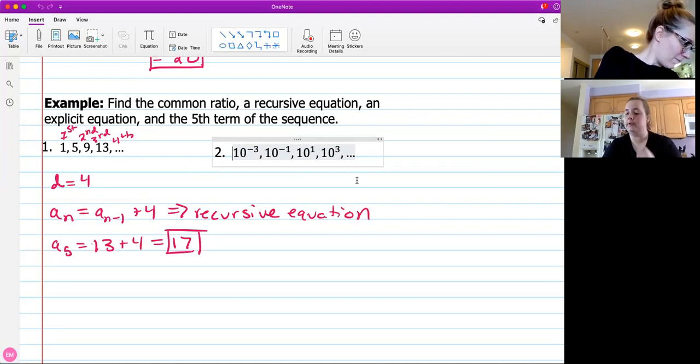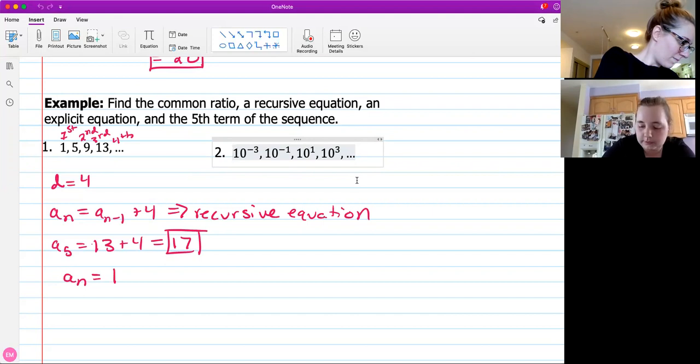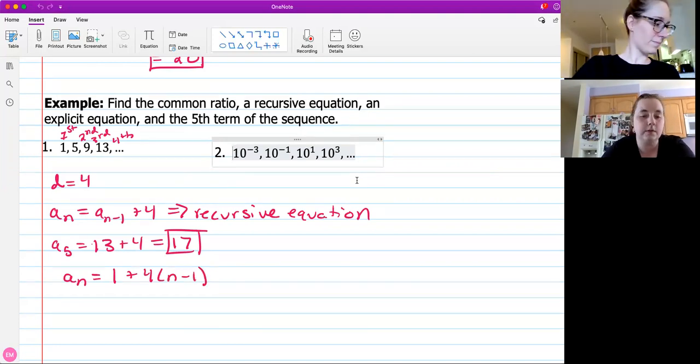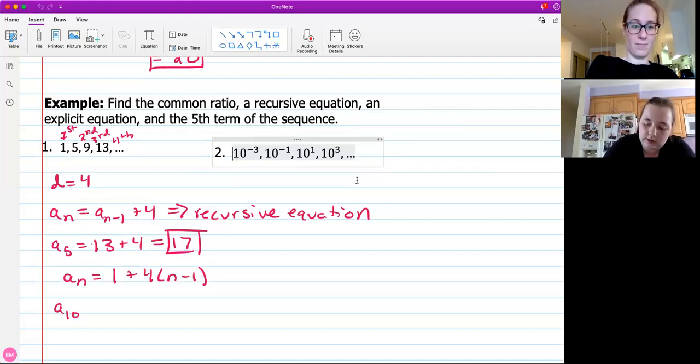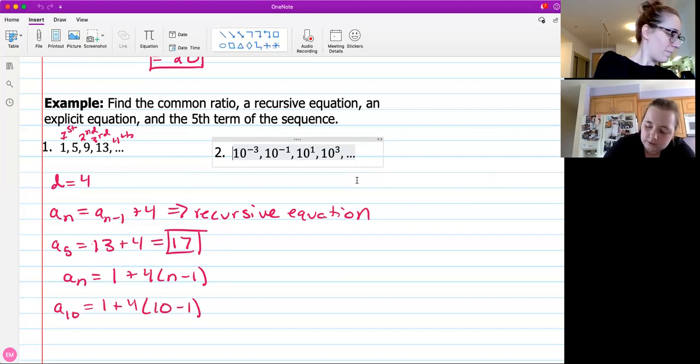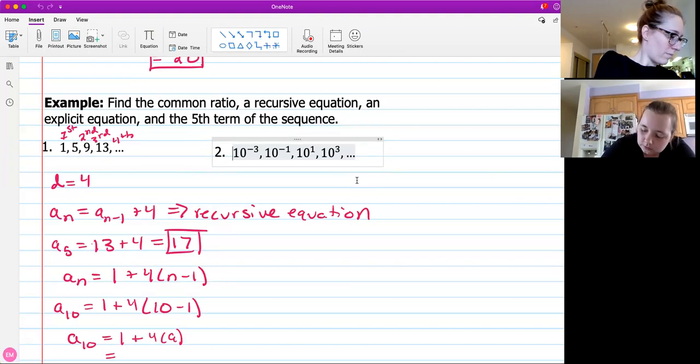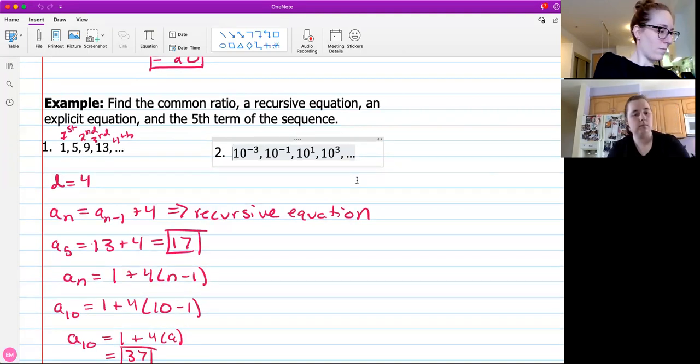And then our explicit equation for this one would be AN equals our first term, which is 1, plus 4 times N minus 1. So again, let's find the 10th term here. A10 equals 1 plus 4, and you plug 10 in for N. So A10 is equal to 1 plus 4 times 9, which is equal to 37. Cool.